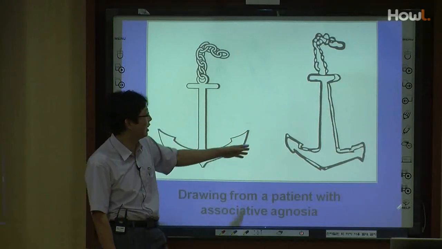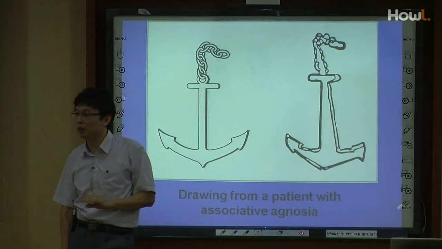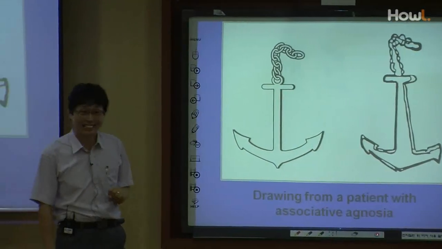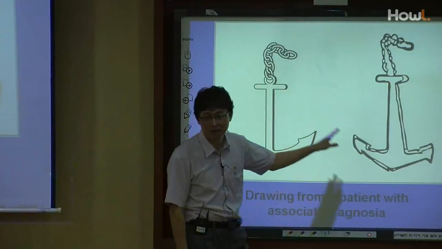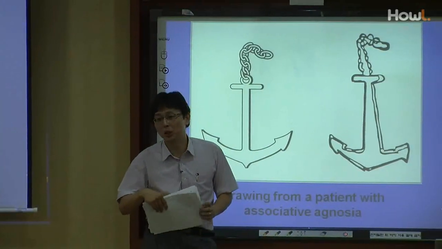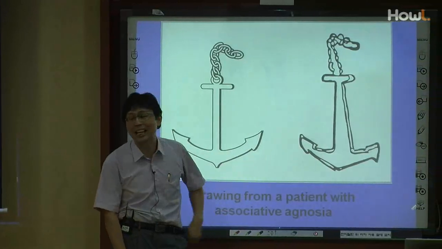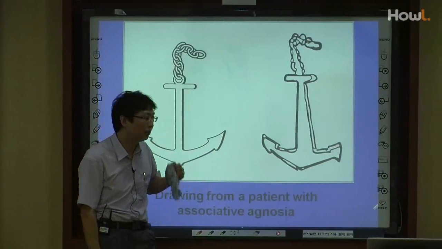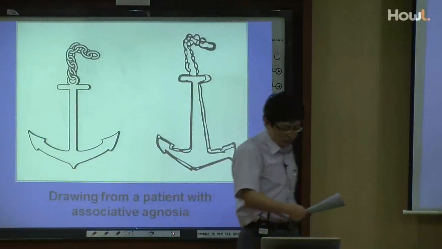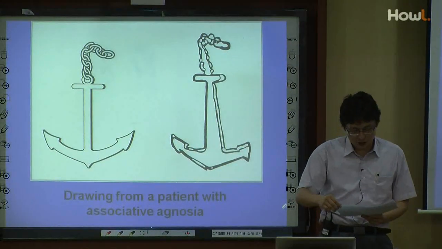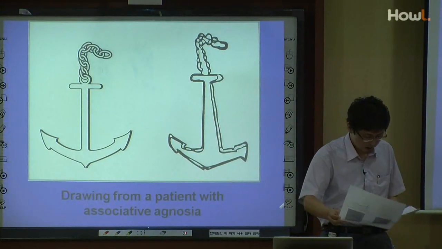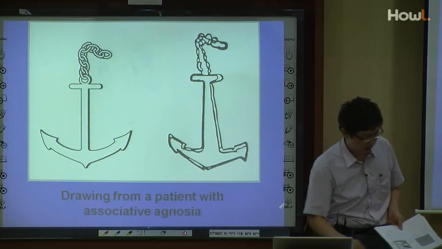We know exactly this is an anchor, but they couldn't recognize it as an anchor. They can draw it, but they couldn't recognize it for what it is. So from this, we understand two things.